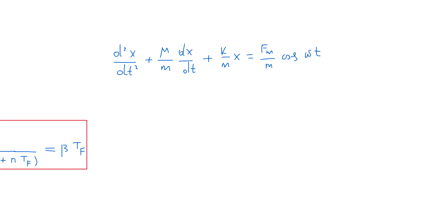I can rewrite this in a simpler form: d2x/dt2 plus 2 beta dx/dt plus omega_0, the natural angular frequency, to the power of 2 times x, and it will be equal to this.